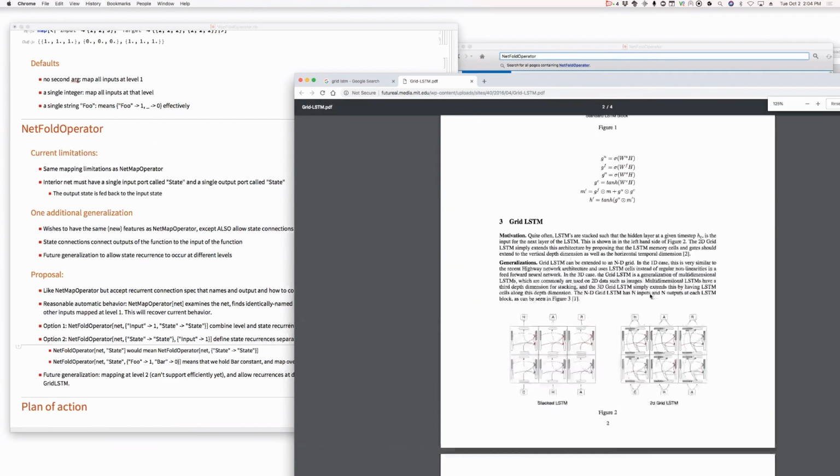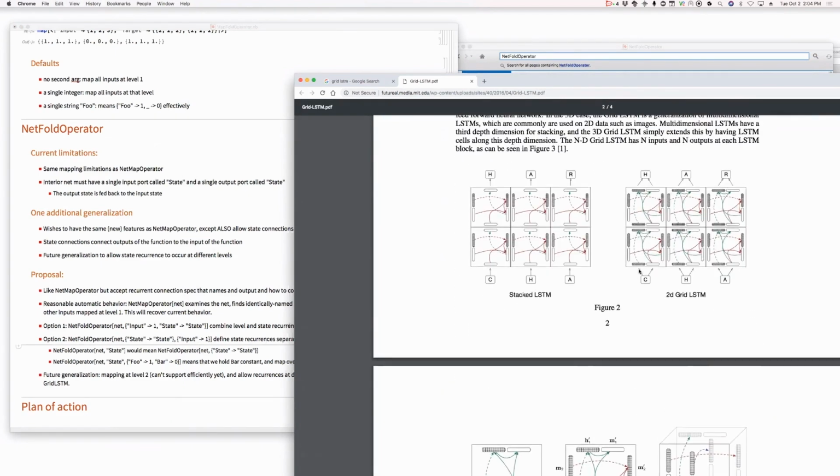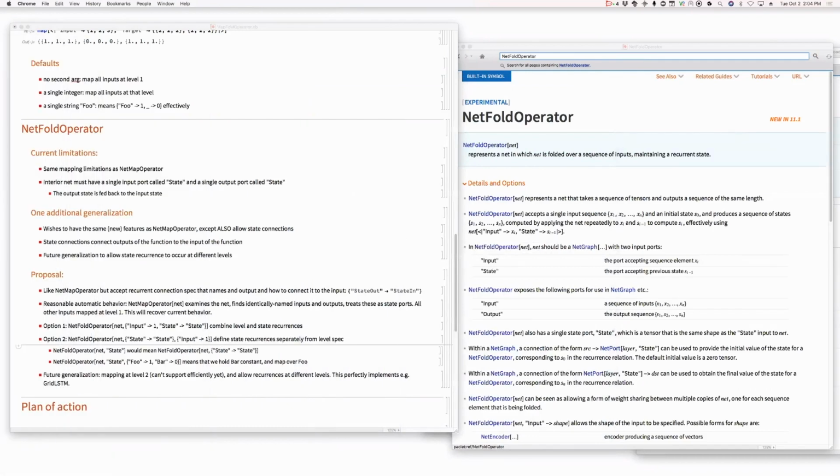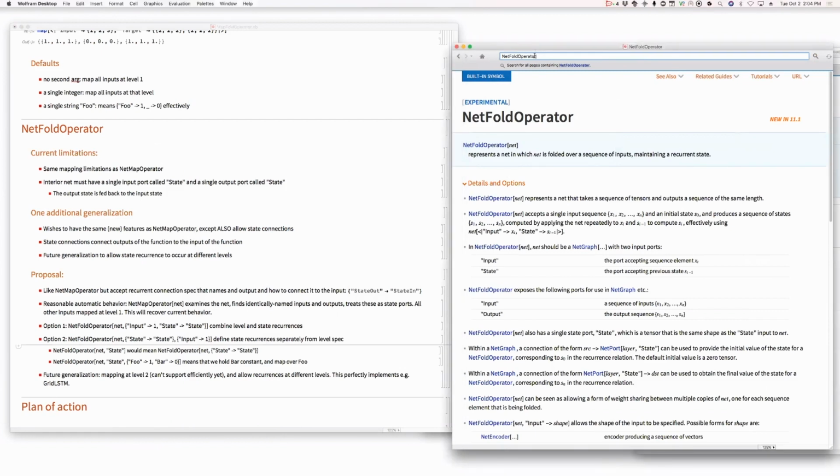I don't know what the heck this picture is of. So the basic idea is that picture is utterly obscure. It is somewhat, because they're also 2 separate states for each cell. But the basic idea is that as you're mapping, you're obtaining a state from the pixel to your left and from the pixel above you. Yes. Right. Well, that's otherwise known as a block map. Right. That's what block map does.